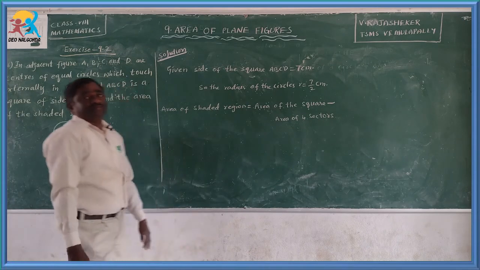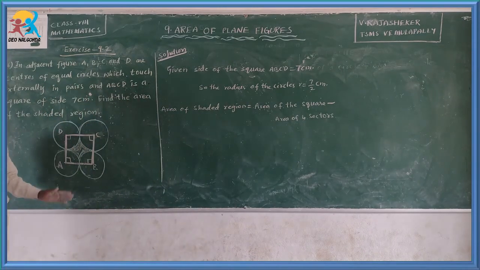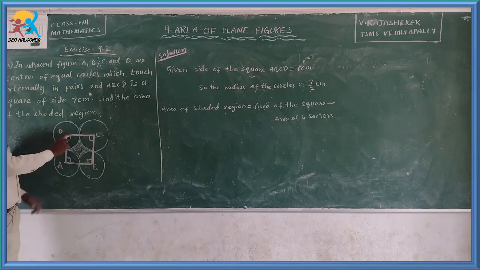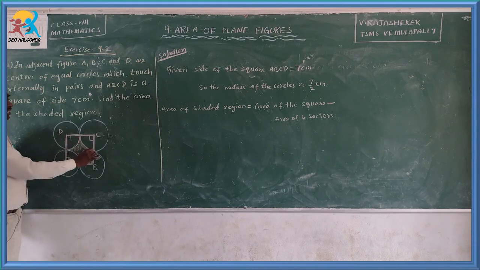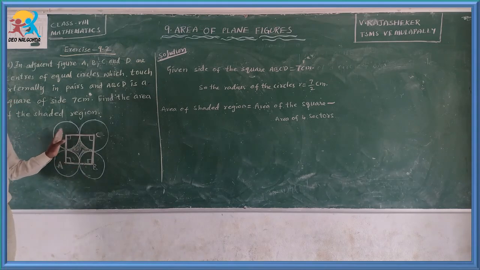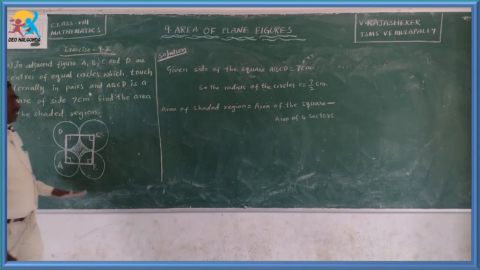Once again look at the picture. This part is a sector, this part is a sector, this part is a sector, and this part is a sector. For a sector, we need to know the angle of the sector. These 4 circles are equal, so 4 sectors are equal. Clear? So we can find easily.